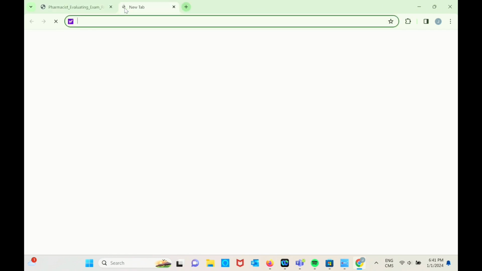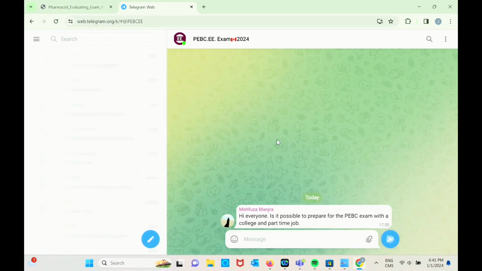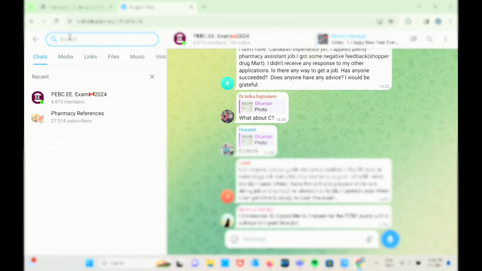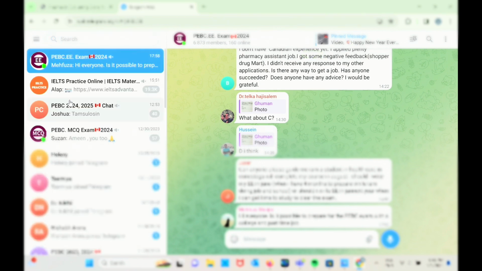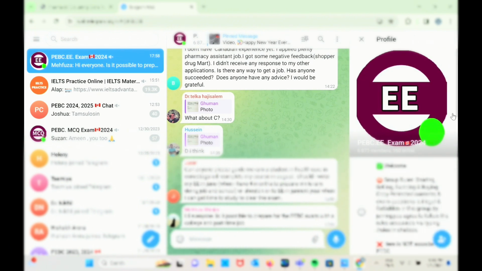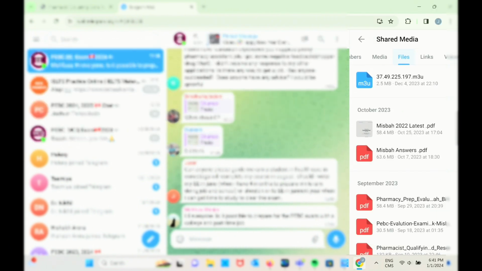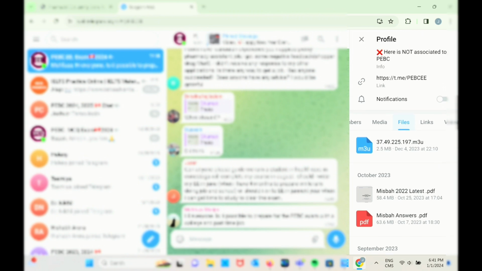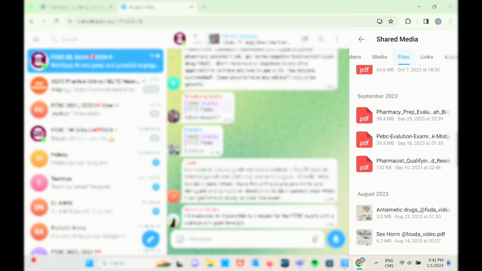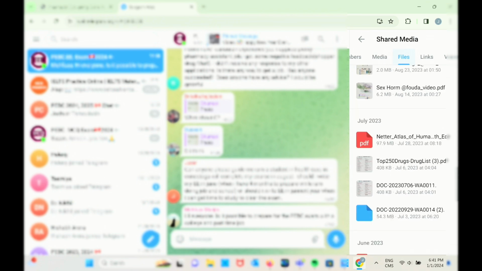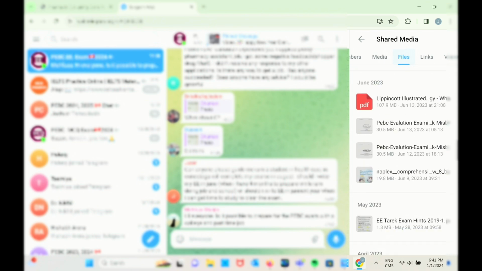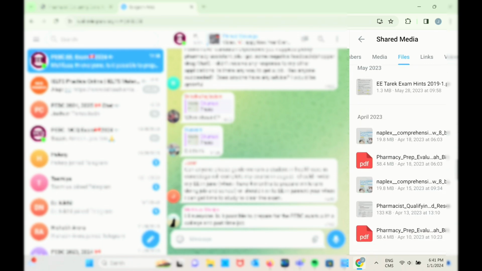So basically, I used Telegram. We do have Telegram groups, which is the PEBC exam 2024, and you can search for the files there. You will see different study materials that are being uploaded into the group. Here you have the Lipin code, and you can see different resources that you can get from the group.